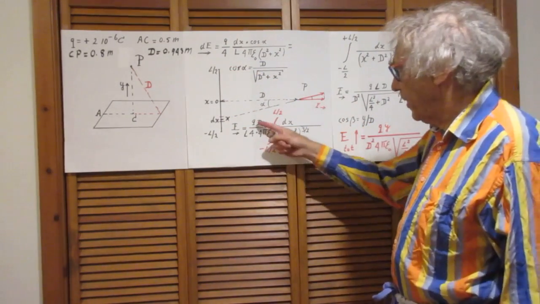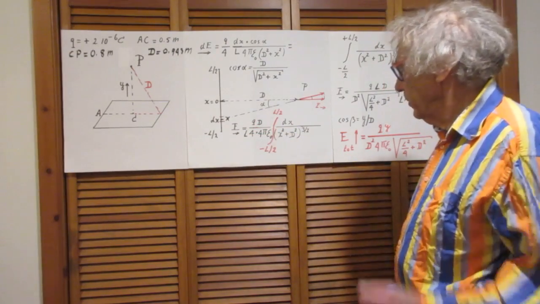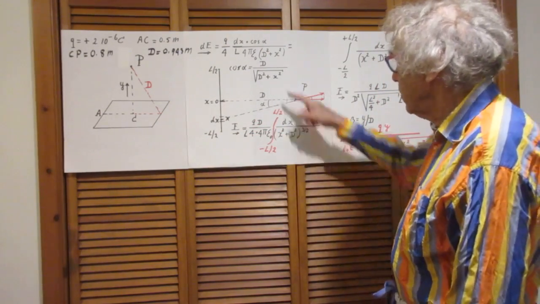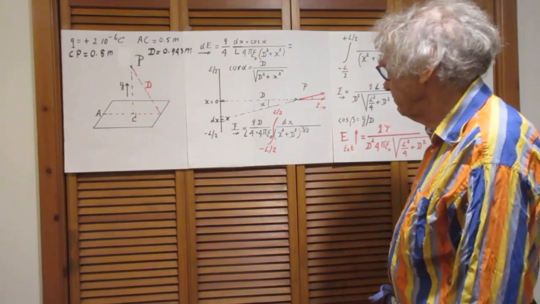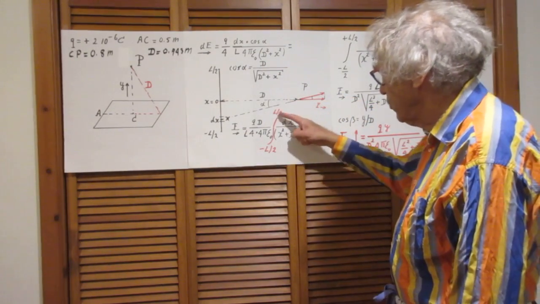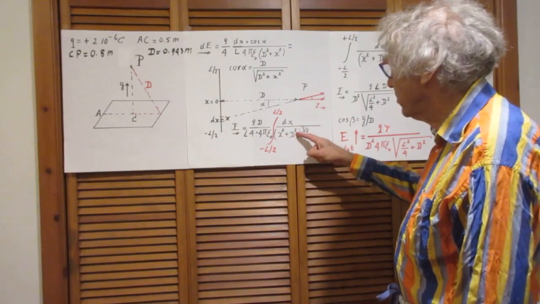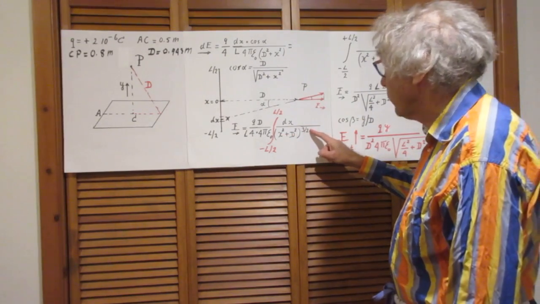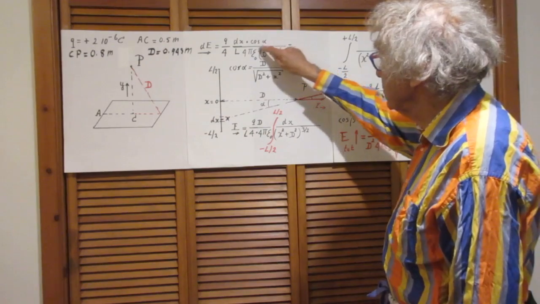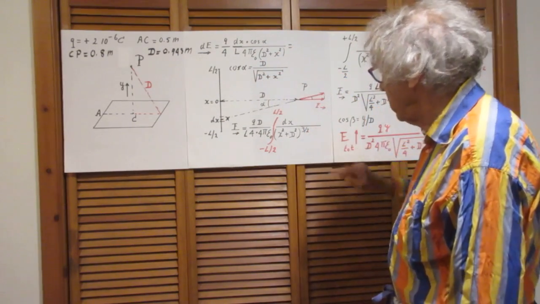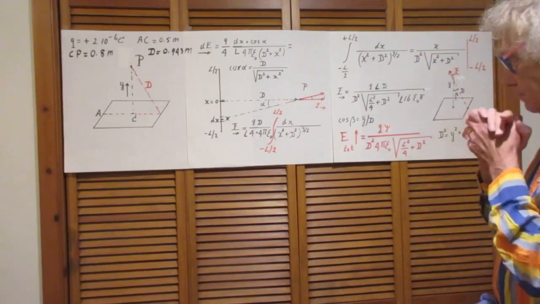So you see, you have again the Q over L, 4 pi epsilon 0. You have the d of the cosine here. And now I have to do an integral of dx over x squared plus d squared, now to the power 3/2, because this one is multiplied by this one, so that gives me the power 3/2.